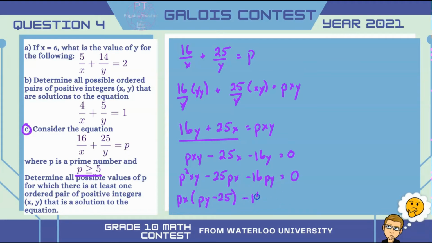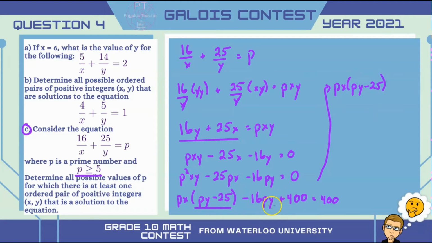Then I have this minus 16py. Now because I want to pull out this same factor here, well, 16 times 25 is 400. So I'm going to add 400 to both sides of the equation in order to do that. So let's continue up here. Now I have px times py minus 25.